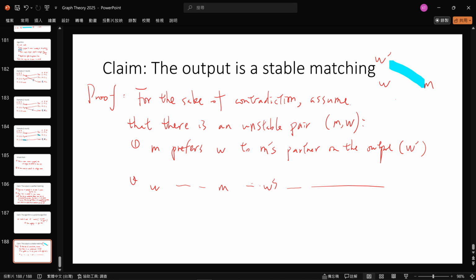So if this is an unstable pair, then this means M prefers W to W prime. It is possible that M prefers W to W prime. Right, but I need the contradiction.